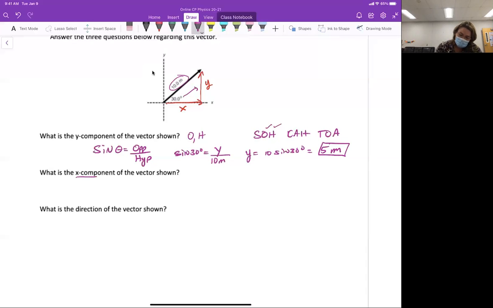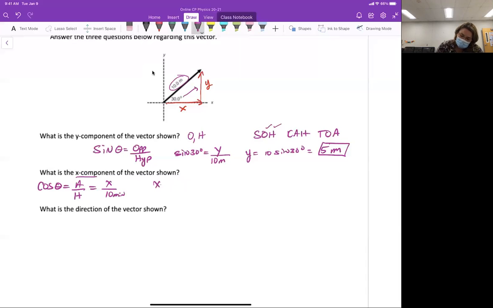What is the x component? Okay, so what is the x? X is the adjacent side, and I know the hypotenuse, so I'm going to choose cosine of an angle, which is equal to adjacent over hypotenuse. I'm trying to find the adjacent side. So cosine of the angle is equal to x over 10 meters, and the angle is 30 degrees.